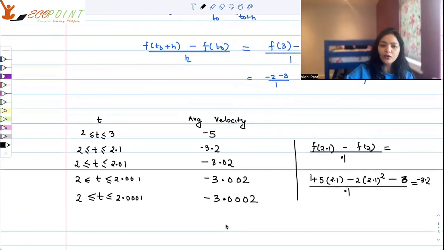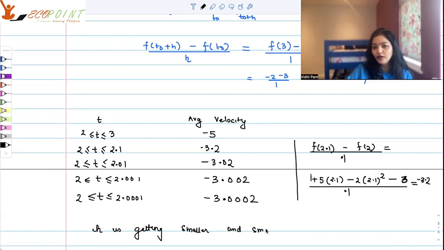The closer and closer I move towards 2, the smaller and smaller the changes I'm taking. When h is getting smaller and smaller and smaller, in other words, h is almost tending towards 0.